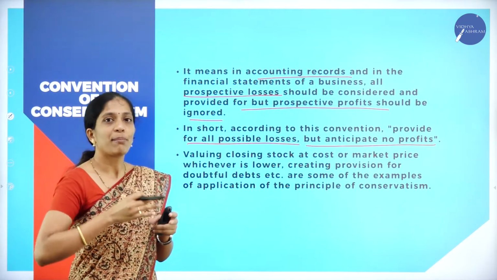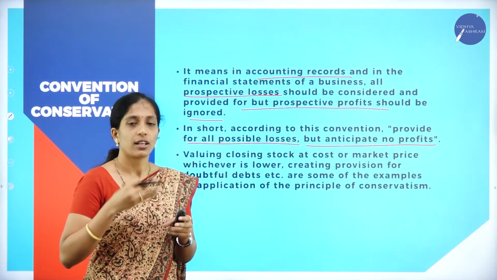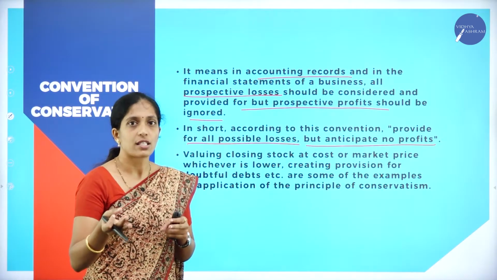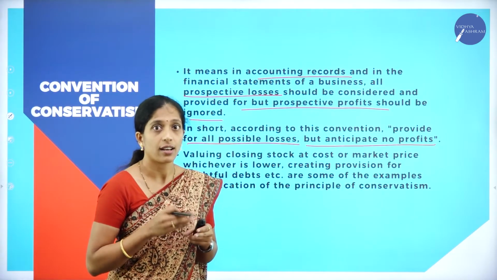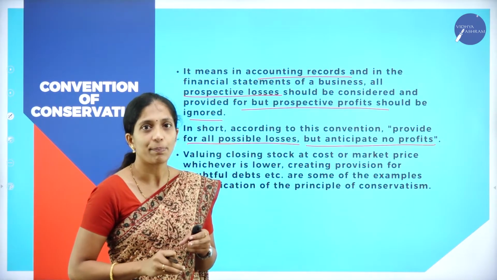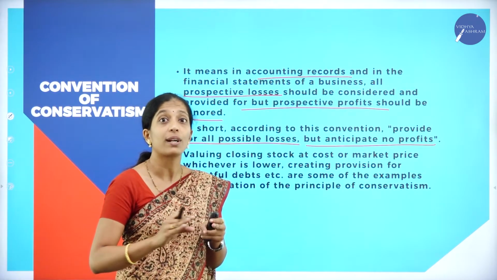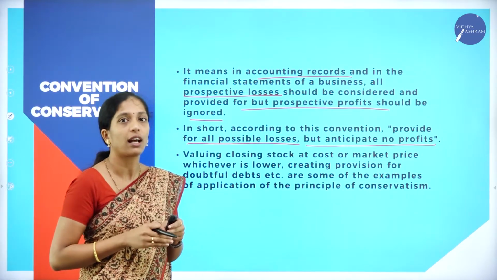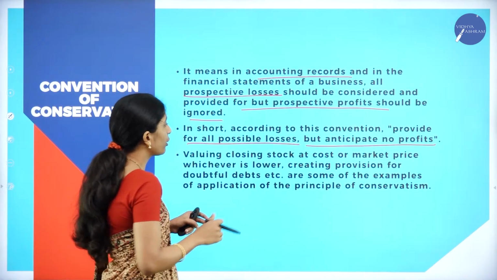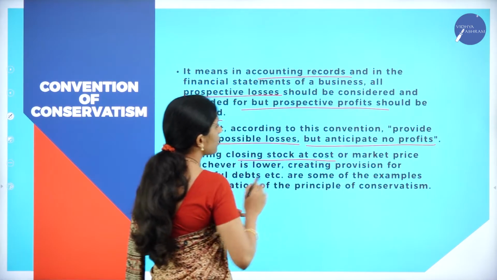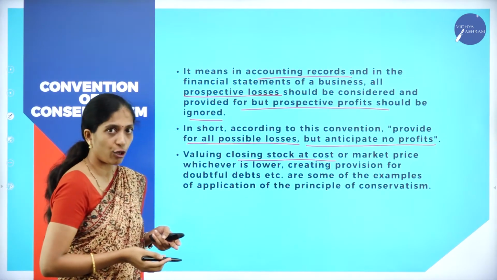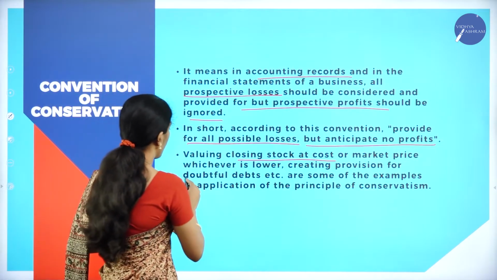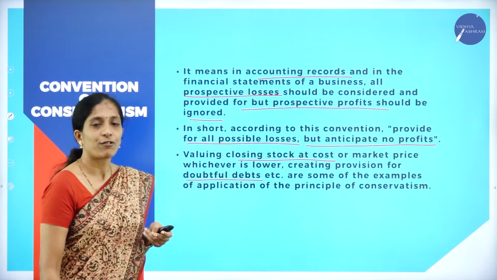Whatever measures have to be taken in the present period in anticipation of future losses, we have to take them, but don't anticipate the profit which comes in the future. For example, valuing closing stock at cost or market price, whichever is lower, and creating provision for doubtful debts. What do you mean by doubtful debts?